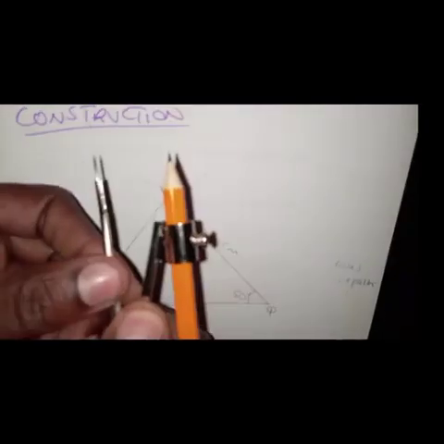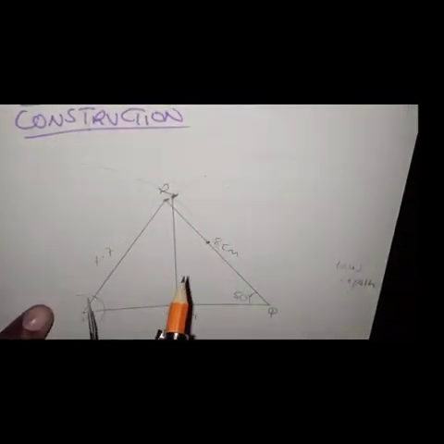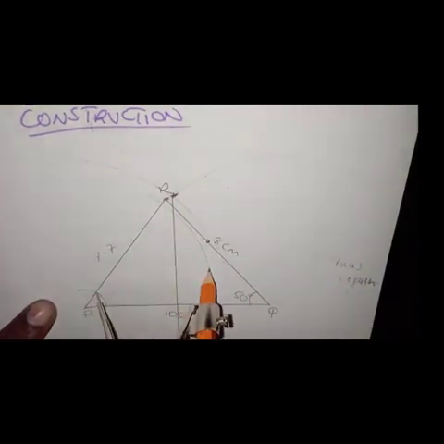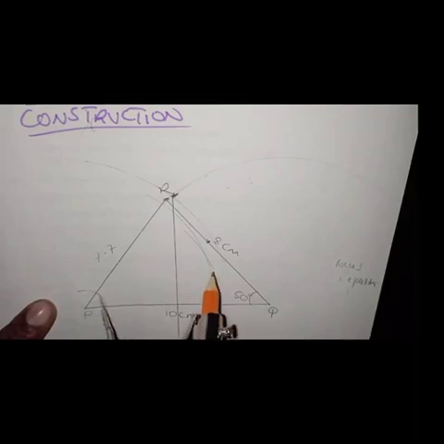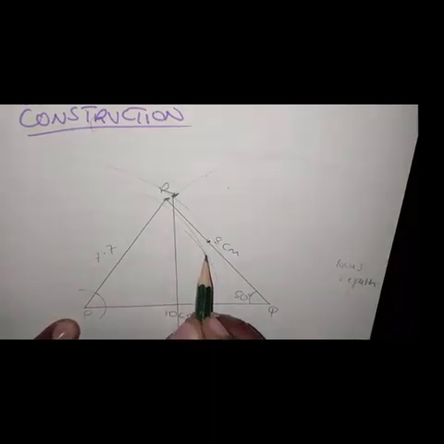So I open it widely. You can stand here, you draw your locus. You also stand on the other leg, you draw your locus. You see they have crossed somewhere here, they have crossed here, they have crossed here. So where they have crossed, I'll put a point.